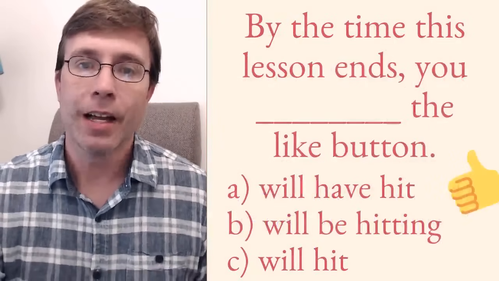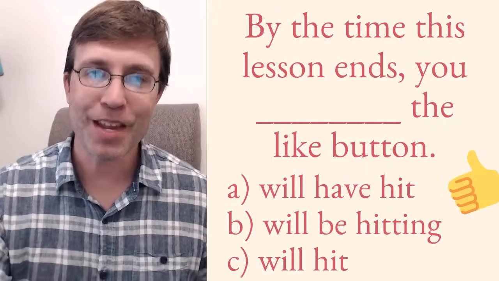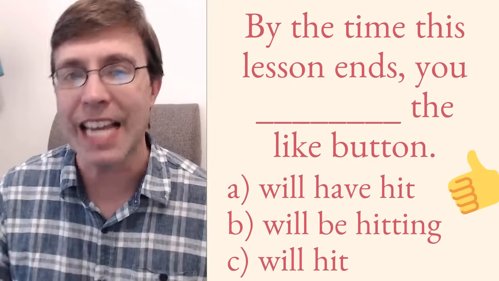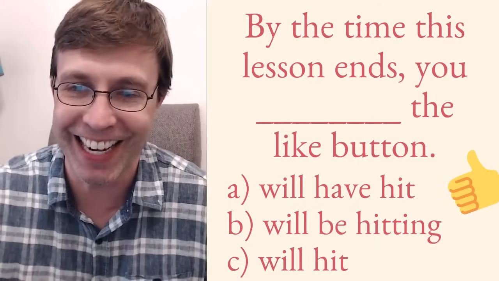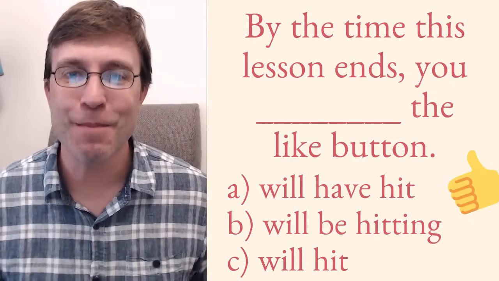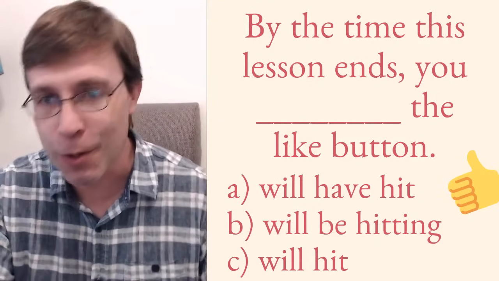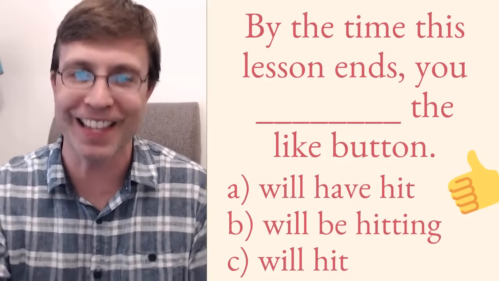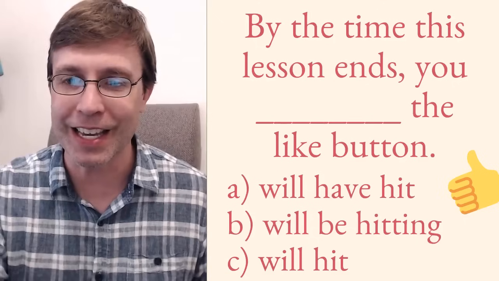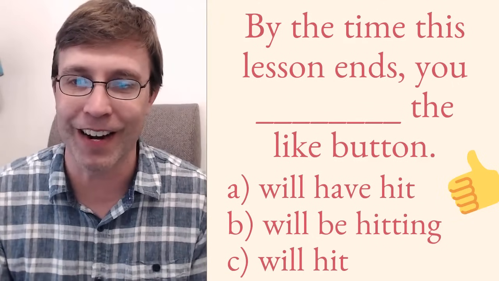Okay? Look, next one. By the time this lesson ends, you the like button, okay? What do you think? By the time this lesson ends, you the like button. I'm trying to include all of you in this example. So what do you think is the correct answer, all right?